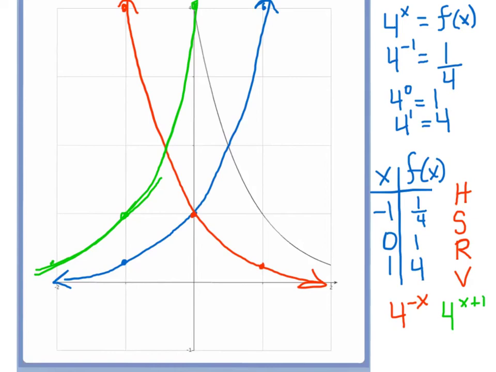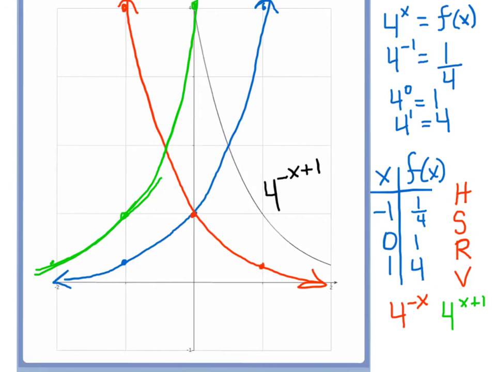Now, if we take that and we reflect it, that means we've got to take the x and negate it. So we're almost there. We've almost figured out what in the world we've done to this one. If I take the function that I have written in green, the 4 to the x plus 1, and I just change the x to a negative, for the one that they gave us, that makes it a 4 to the negative x plus 1.